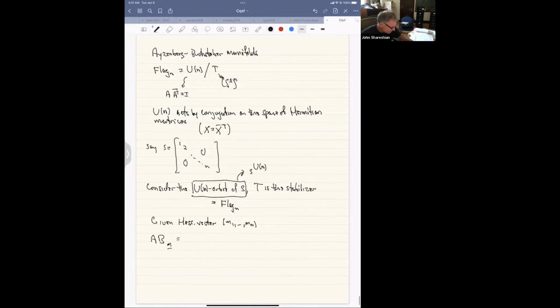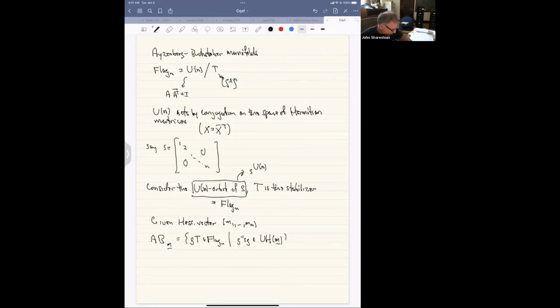This is all cosets gT, flags, with the property that g inverse S g is in what I want to call the unitary Hessenberg space for m.